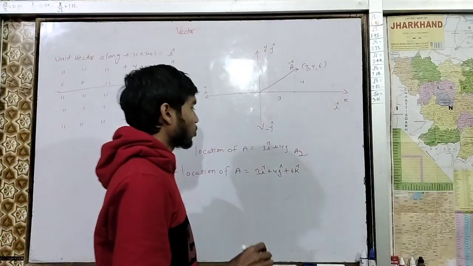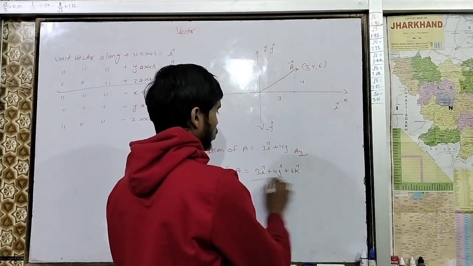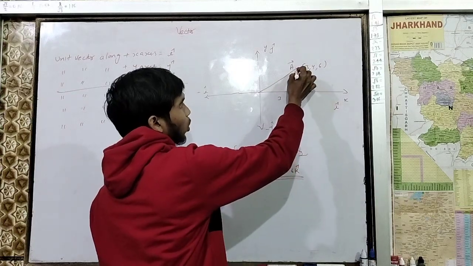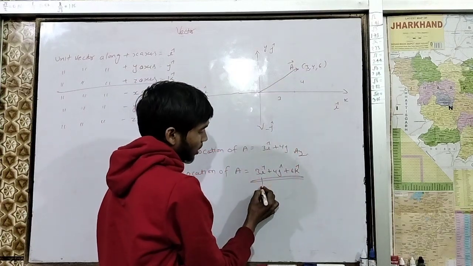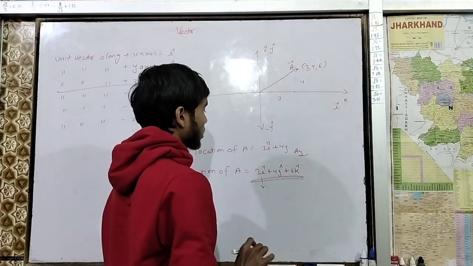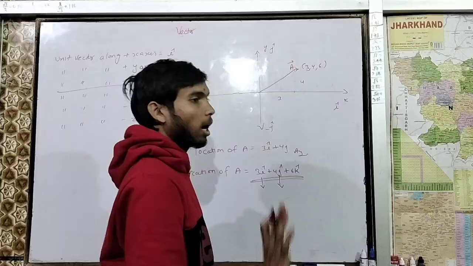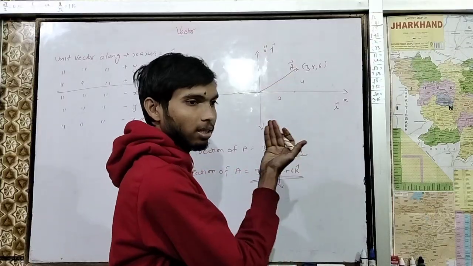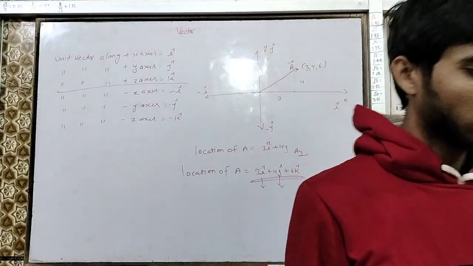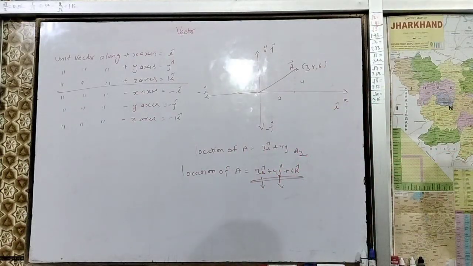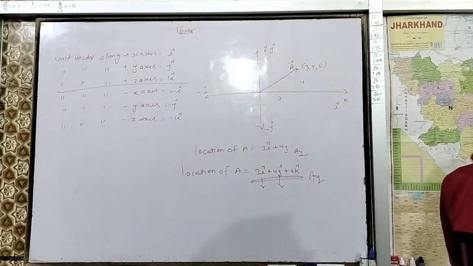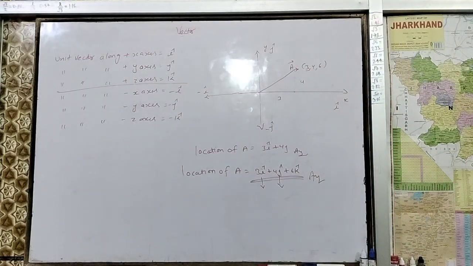To go over here, we will have to cover this much along the x-axis, 4 upward, 6 in front. That is how we are able to interact with these coordinates in the language of a vector.